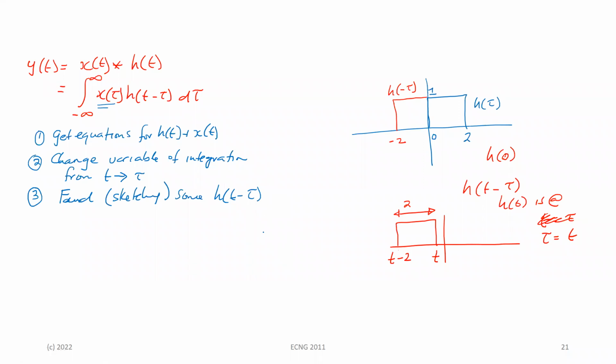So what we have now is that our integration is now this. We have x(tau) here, which is running from 0 to 2. And we have h(t minus tau), which is running from t to t minus 2. Right?